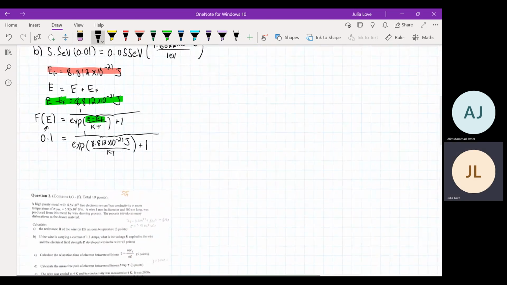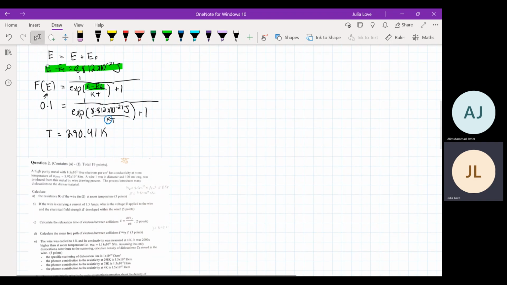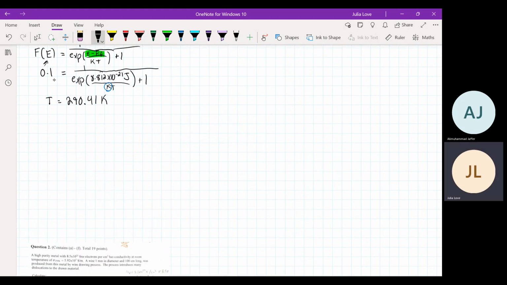Then we rearrange this just to solve for temperature. Once we have that, the temperature is 290.41 Kelvin, because this k right here is just the Boltzmann constant that we also know from above. And so that's the final answer for B.